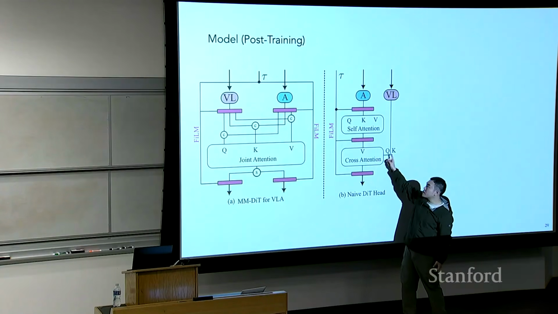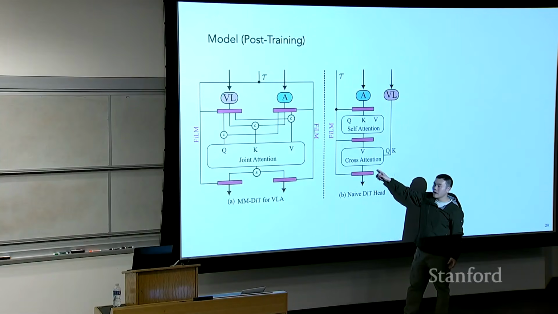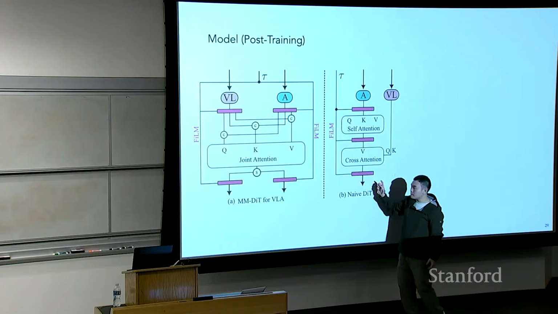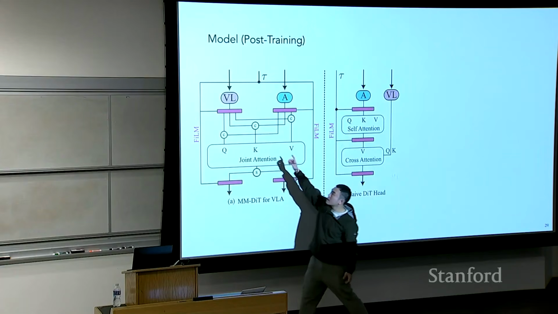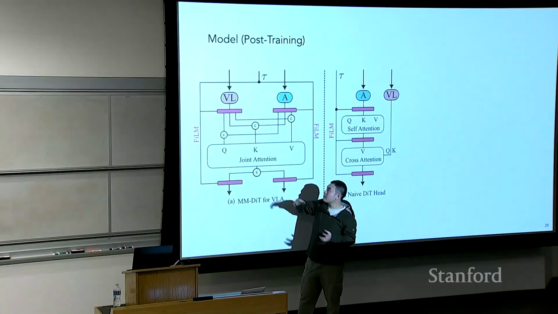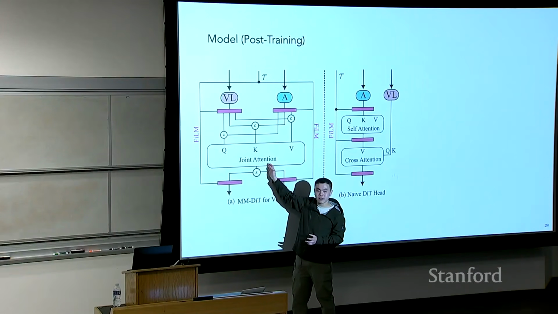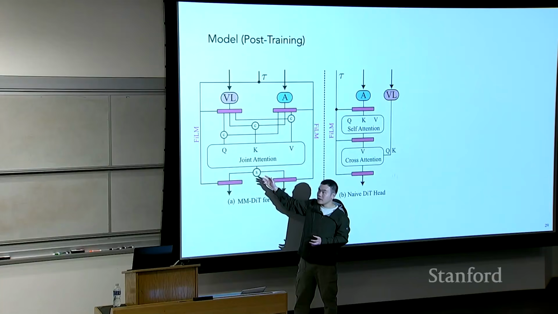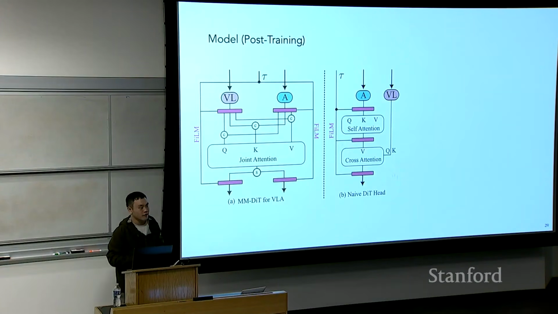However, in the MMDiT head we use, we concat the VL features with the action features at the very beginning, and then we convert the cross attention into a joint attention, which is essentially a self-attention. This helps the feature mixing of the VL features and the action features.